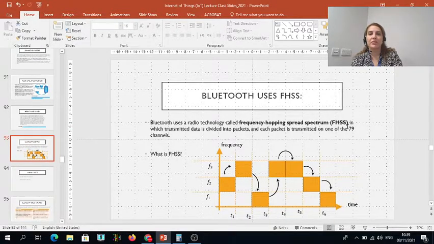So the reason that we are using FHSS is that we want to spread the spectrum. As you noticed, the power that we are using is very small. That power is only able to transfer a very small amount of bandwidth.